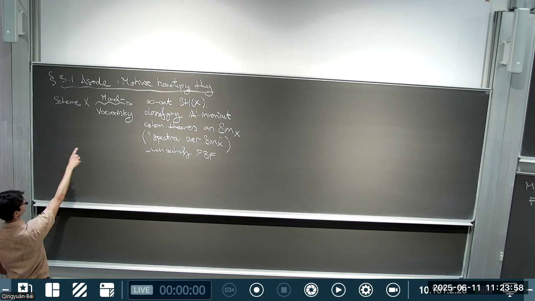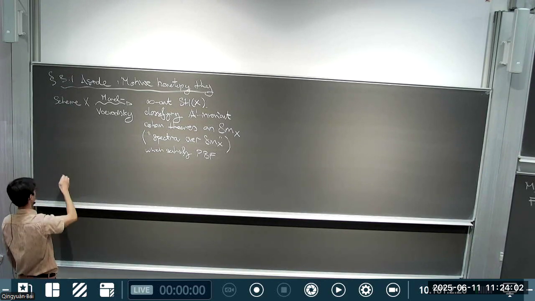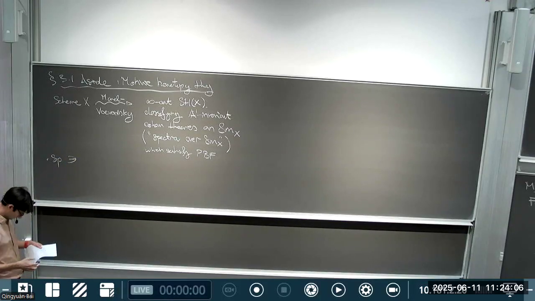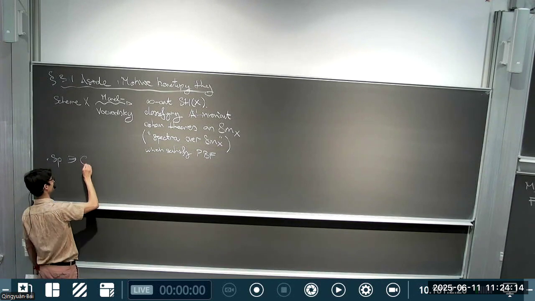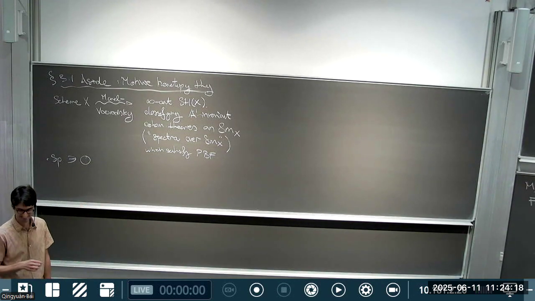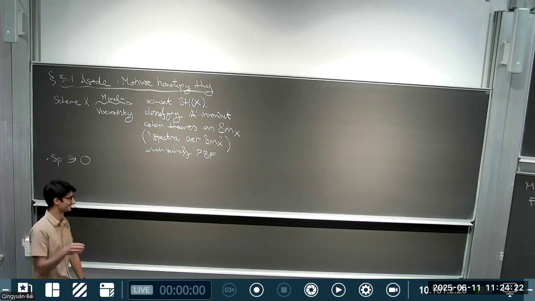Okay, so I wanted to draw some analogies between SH and spectra. What's your favorite spectrum? Zero. Good one. Second favorite: HZ, cool, and tensor.